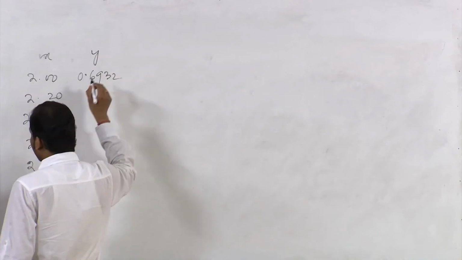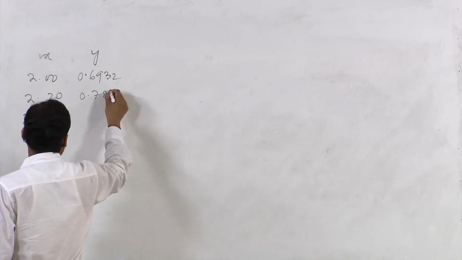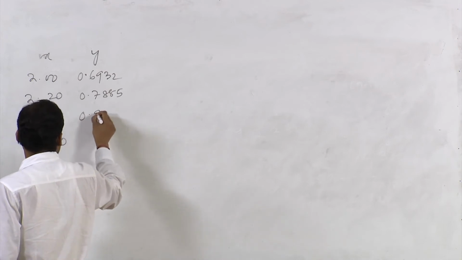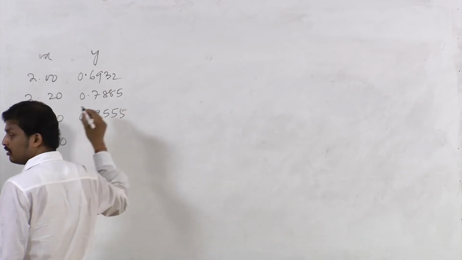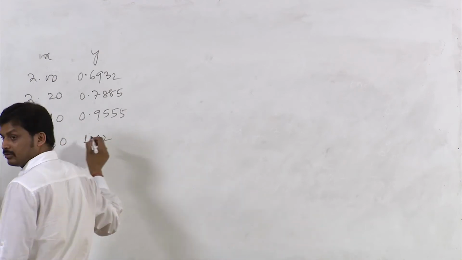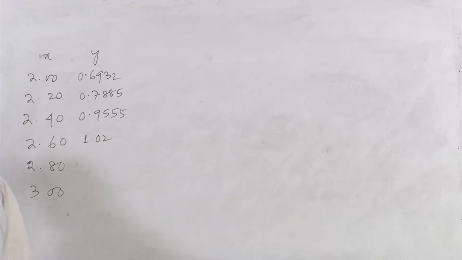0.6932 and 0.7885, then 0.8755 at 2.40... sorry, one more point I have missed here.